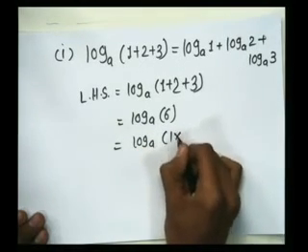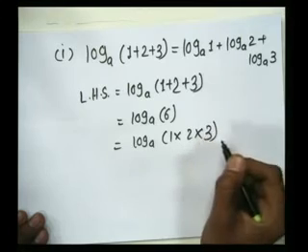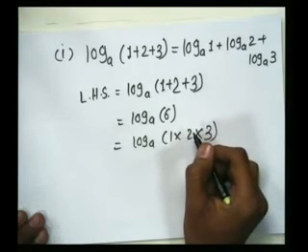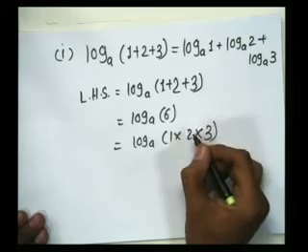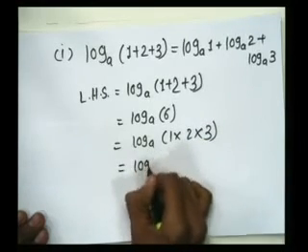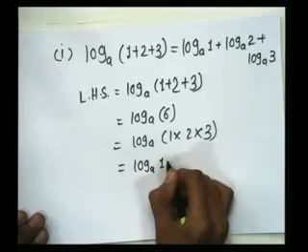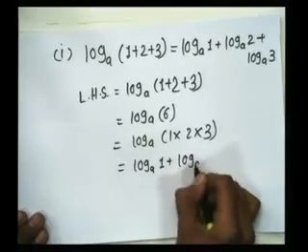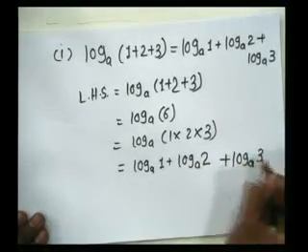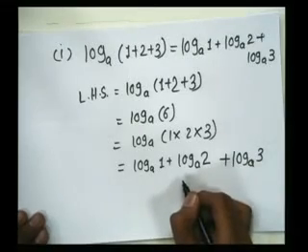So 6 can be written as 1 into 2 into 3, and using one of the most important properties of logarithm, log of a into b can be written as log a plus log b. Using that property, one can write log base a of 1 plus log base a of 2 plus log base a of 3. That is our answer. The same example we will discuss on the presentation.